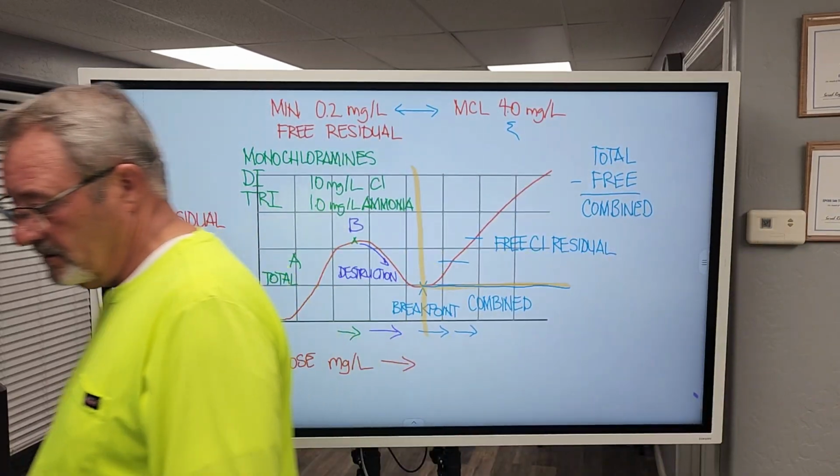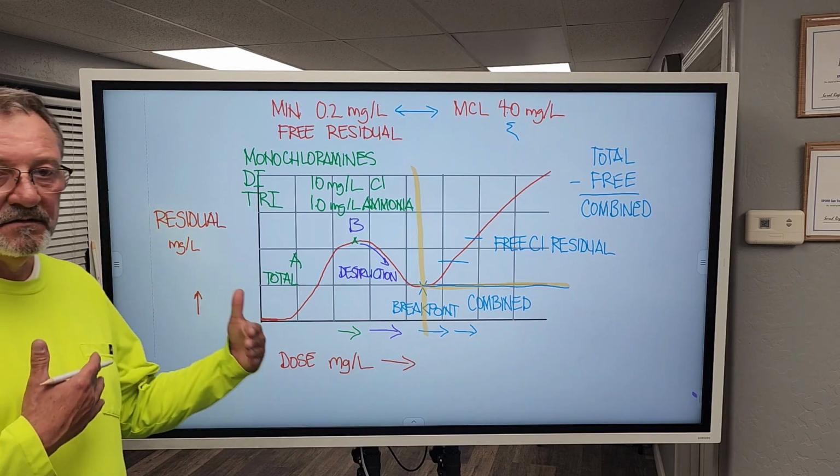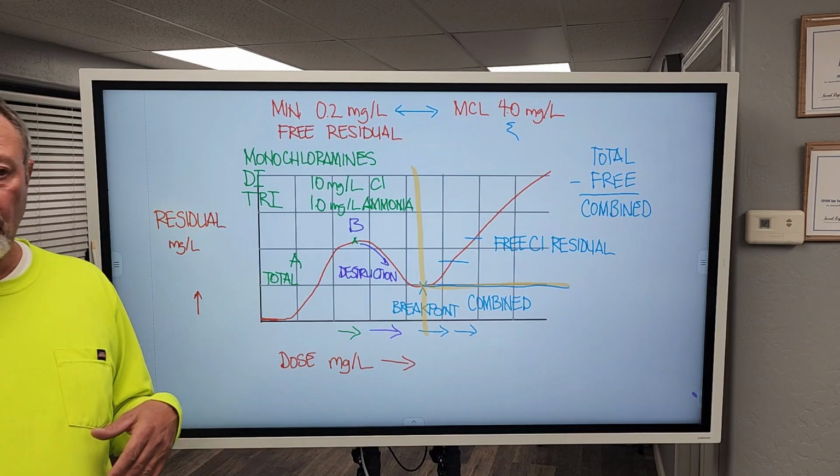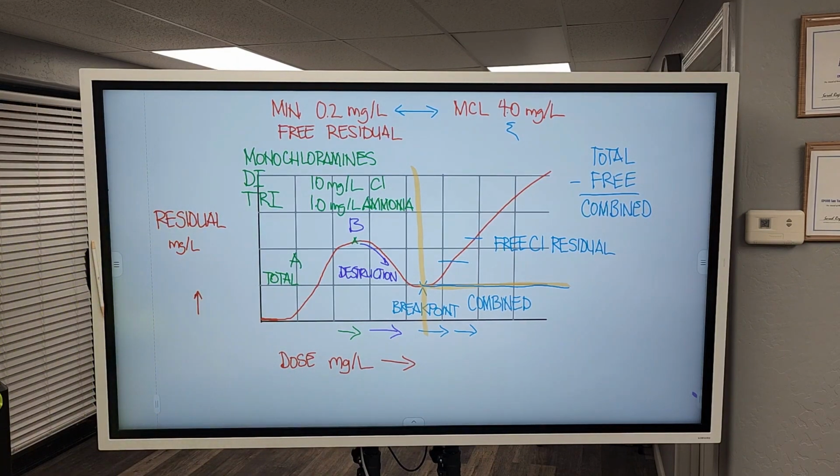Any questions? Everybody good? So now that we've achieved breakpoint, we're operating our system within the guidelines that we have within our discharge permit.